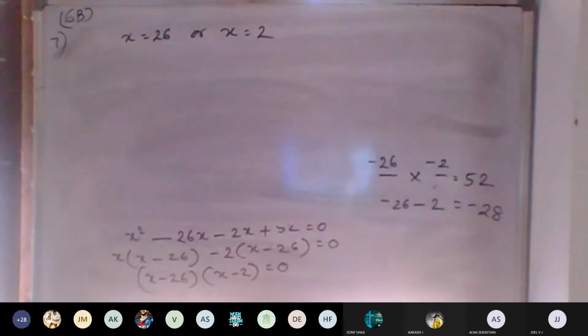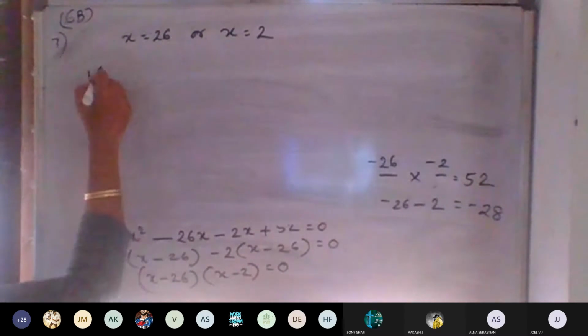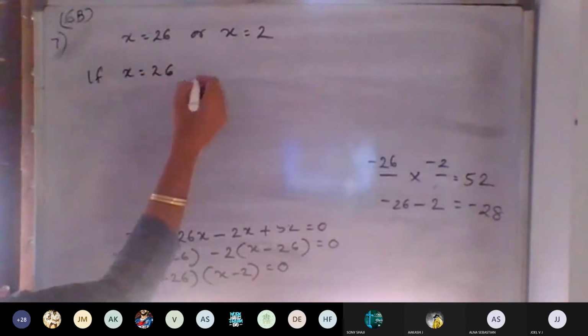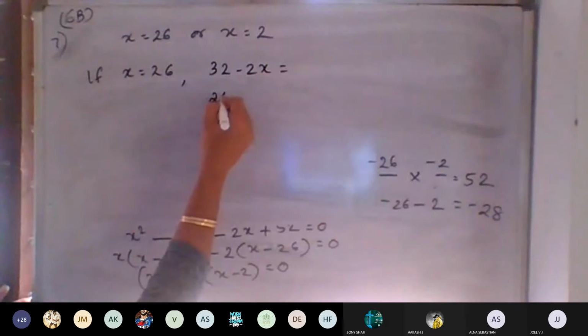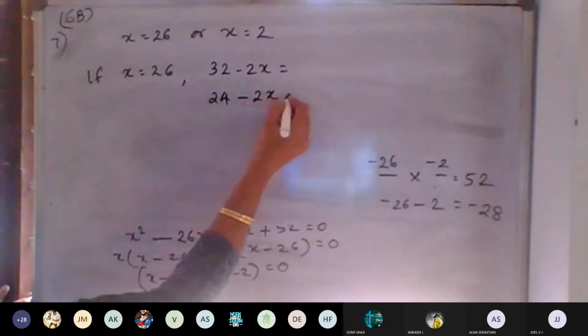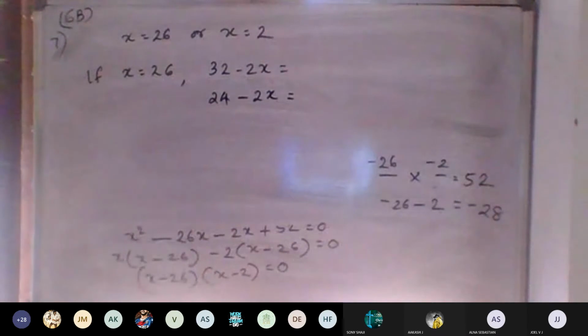So take two values, whether it is possible or not, check it. What will be 24 minus 2x and 32 minus 2x if x is equal to 26? Is it possible, 24 minus 2x?